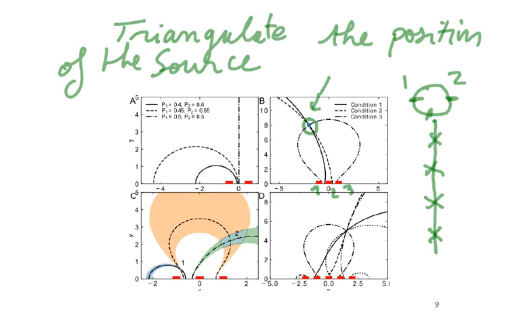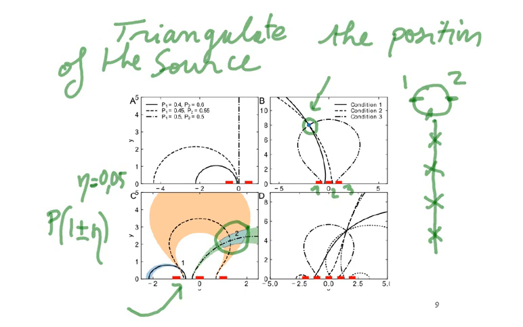In here, what we did is we added a little jitter to the source. Suppose the probability is probability 1 plus or minus eta, where eta is something like 0.05, like 5% fluctuations. What is the error you are making on the location of the source? This is given here in region 2, and another example is in region 1.